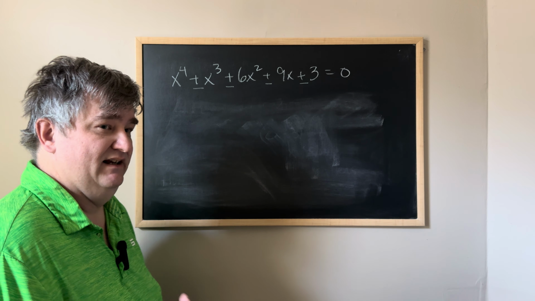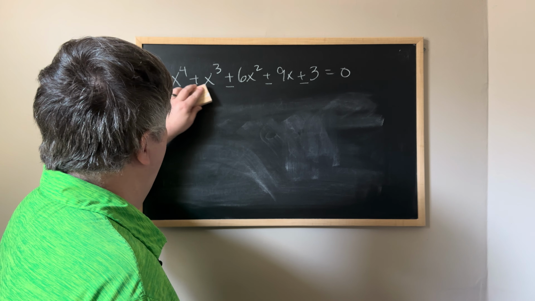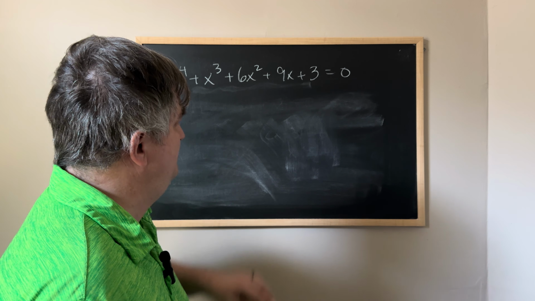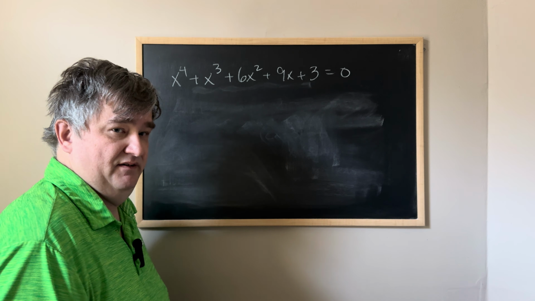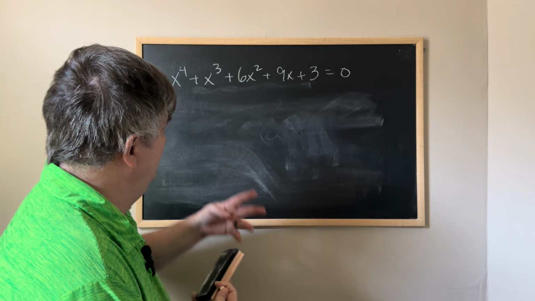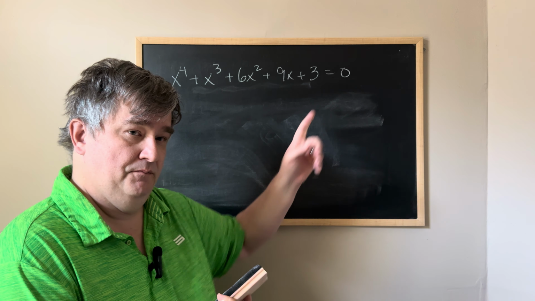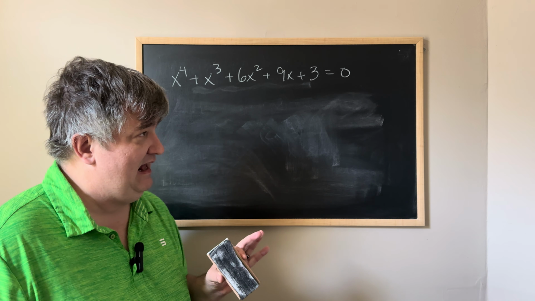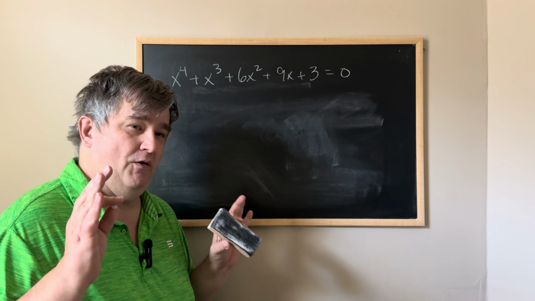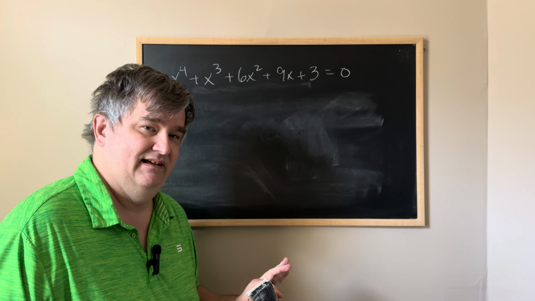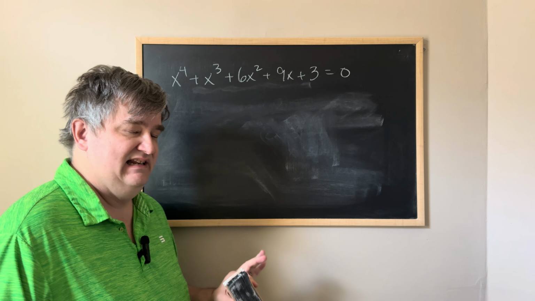So now I got to look at integers. My next clue is that everything's positive. So I already know if I do 0, 3 is not 0. That means any integer roots are less than 0. It's a negative number.